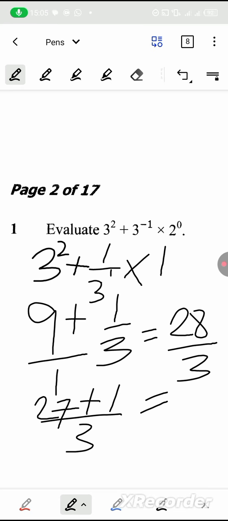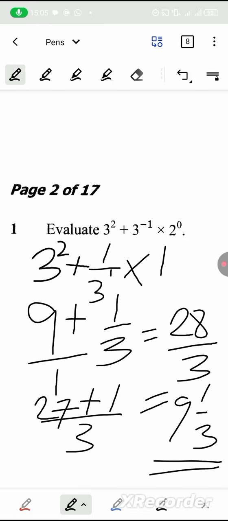Now how many times does 3 go into 28? It goes 9 times, with 1 over 3 remaining. This will be our final answer: 9 and 1 over 3.